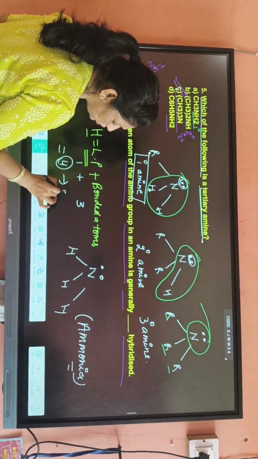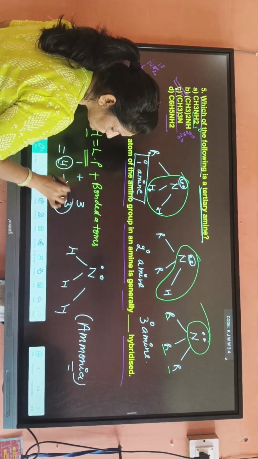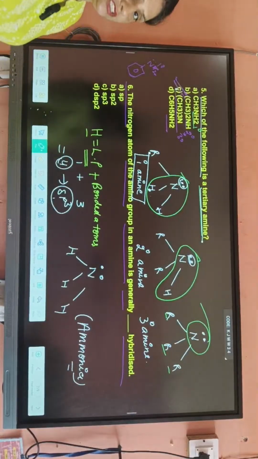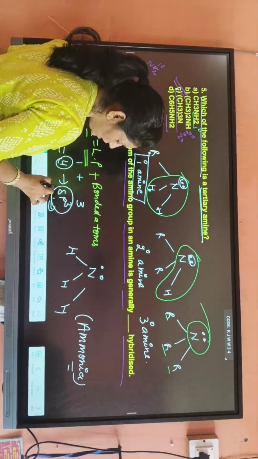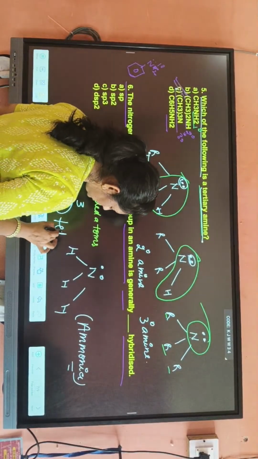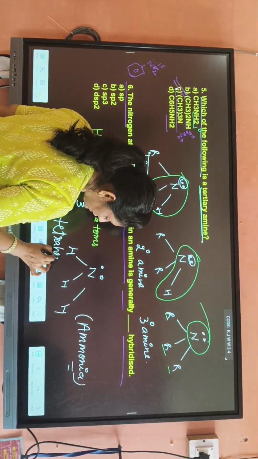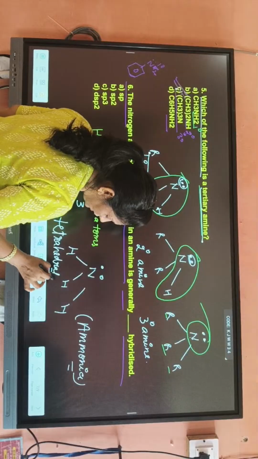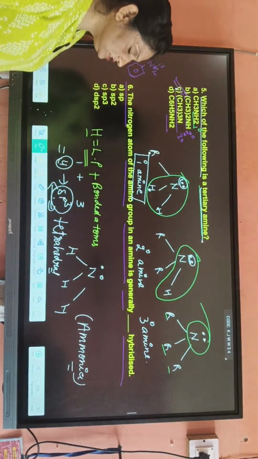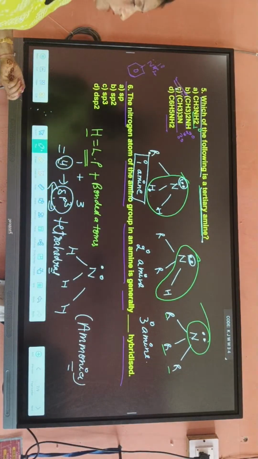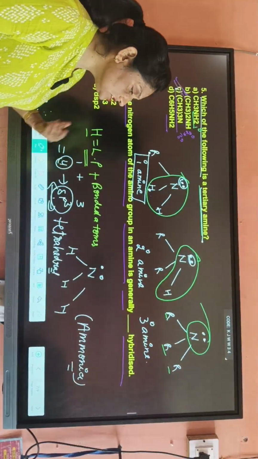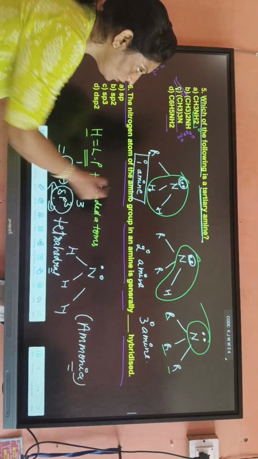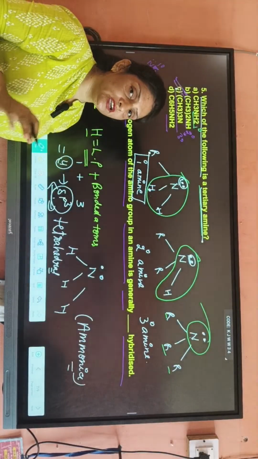If this sum is 4, then students, the hybridization is sp3. Their geometry is tetrahedral. Their angle is slightly less than 109 degrees 28 minutes, due to the presence of the lone pair, around 108.